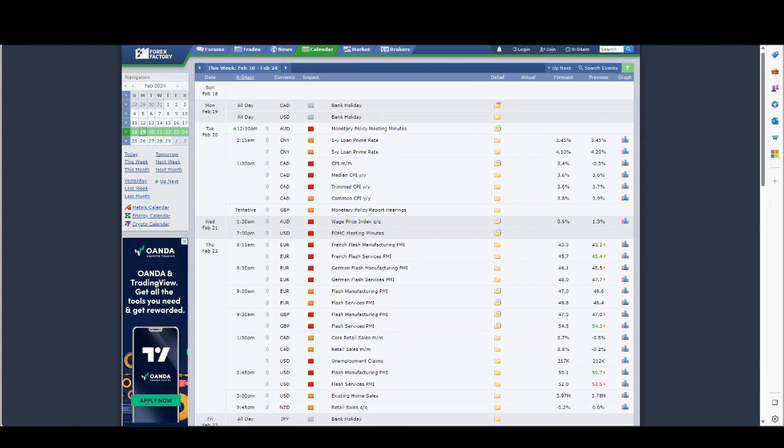Flash manufacturing and services mean, Peter, an economy is made up of two sectors, manufacturing and services. In the UK, the services sector is about 80% of our economy. In the US, it's about 65, 70, so they have a bigger manufacturing sector. We like to know how they're doing. And the flash reading is the first reading.